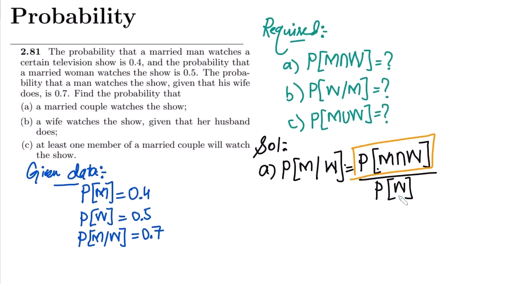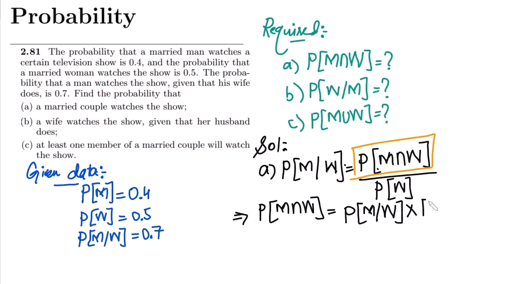So multiplying both sides with the probability of W, I will get the probability of man and woman watching a TV show is equal to the probability that a man watches a TV show given that a woman watches it, multiplied by the probability that a woman watches it.